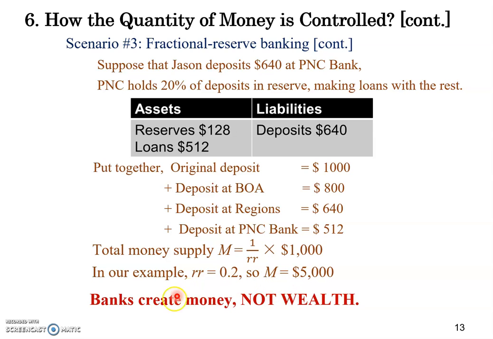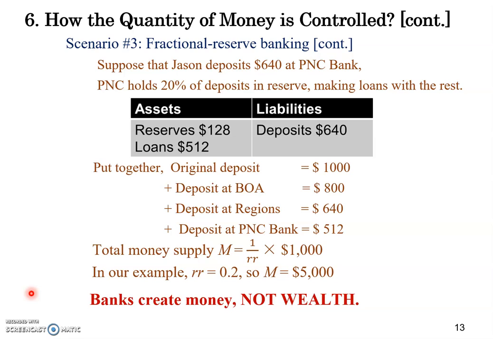Several times higher. And here, the common confusion would be that banks create money and even wealth, right? That's not true. Banks can create money by making loans to the next person, but they cannot create wealth. So the wealth stays the same.